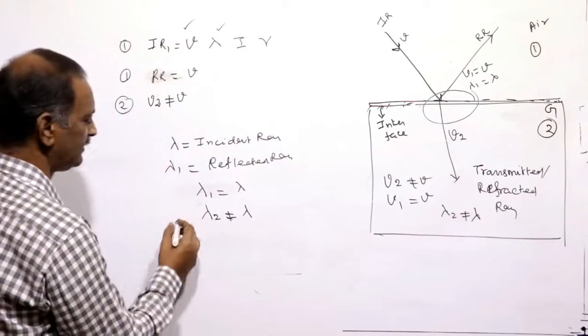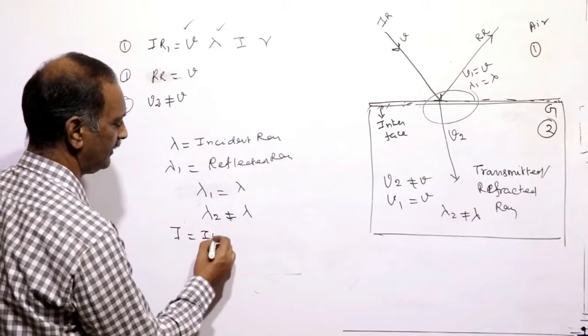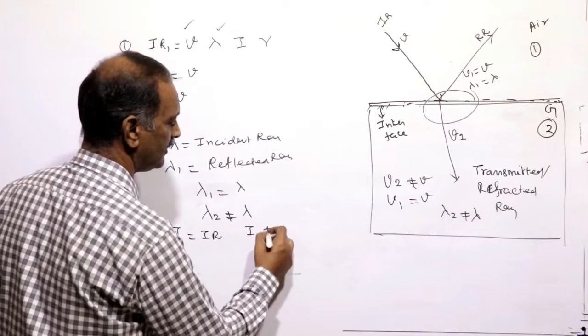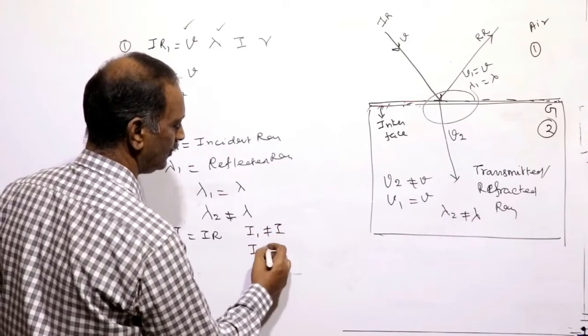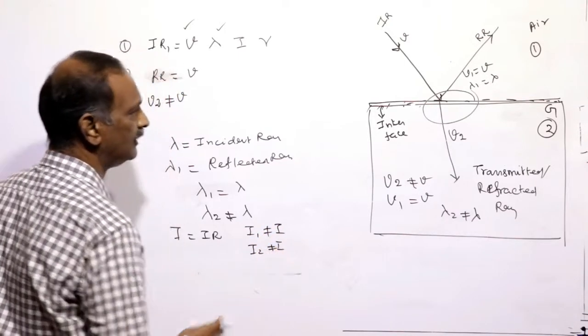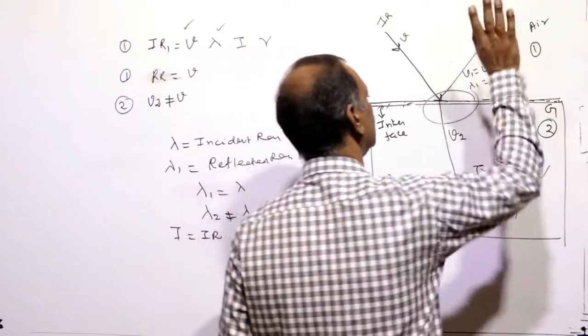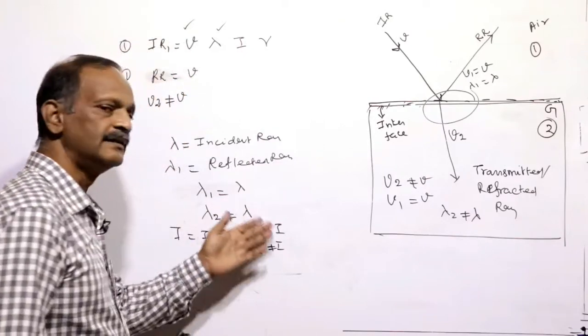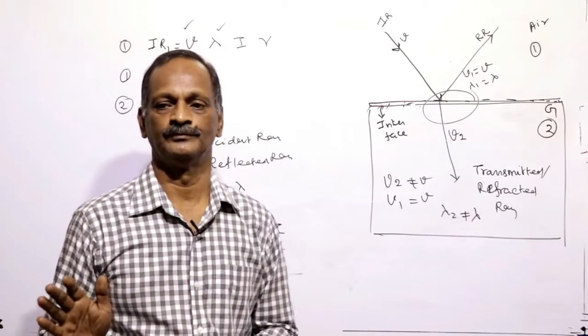So the intensity of the incident ray, I1, is not equal to I2, is not equal to I, because some portion of energy is gone, the rest is absorbed. So all the intensities will not be the same.